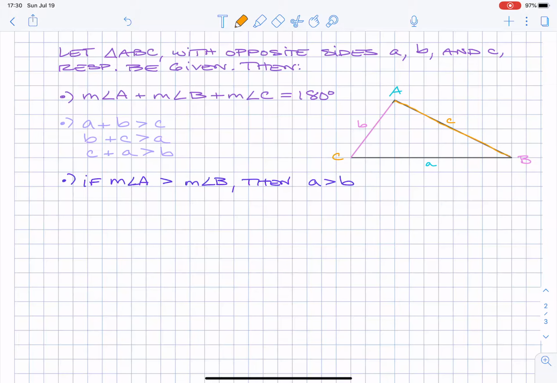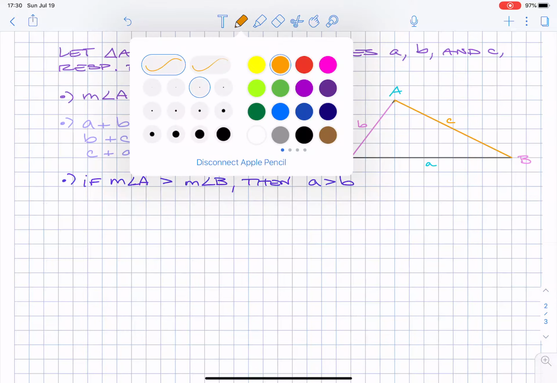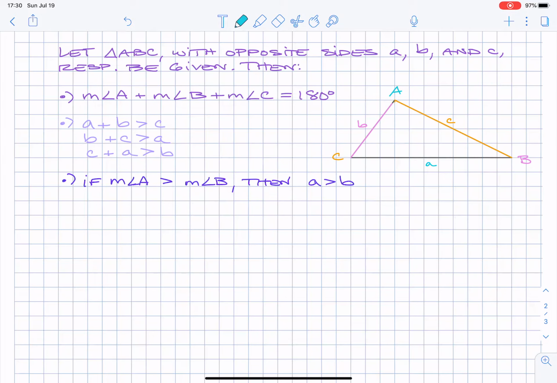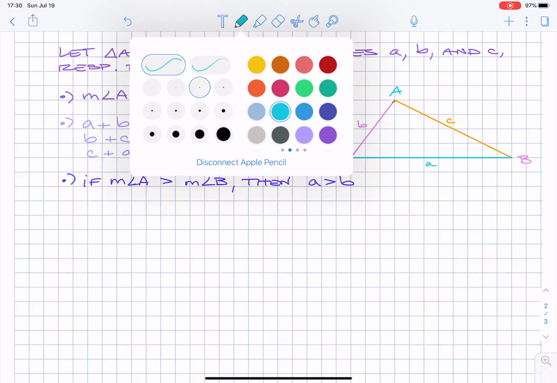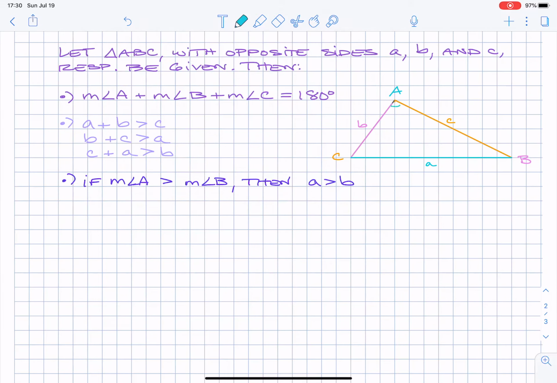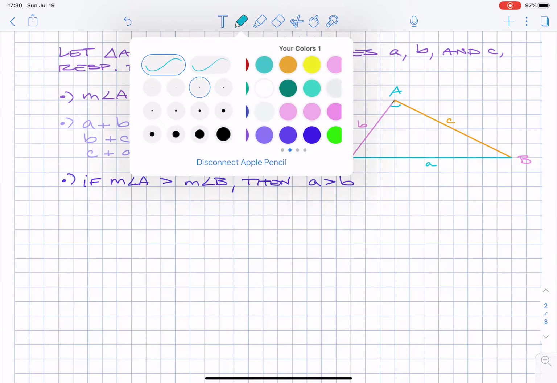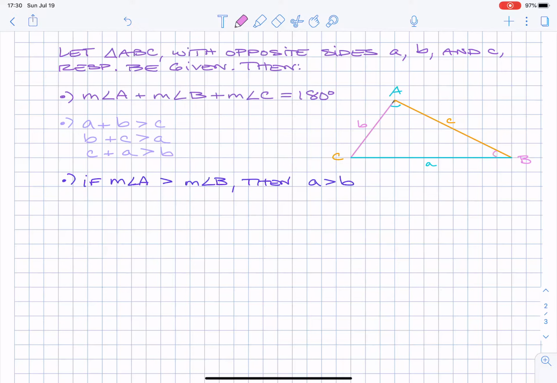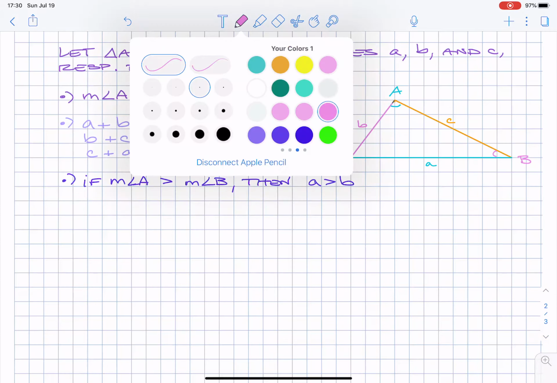If I add those two together in a line, that would be longer than the length of side A. So hopefully that makes sense for each of these. But what's more, if I look at the angle of measure A and it's larger than the angle of measure B, it should be evident that side A is larger than side B.